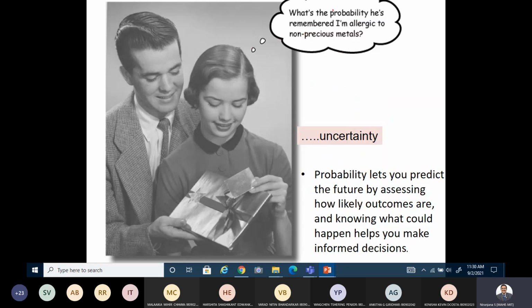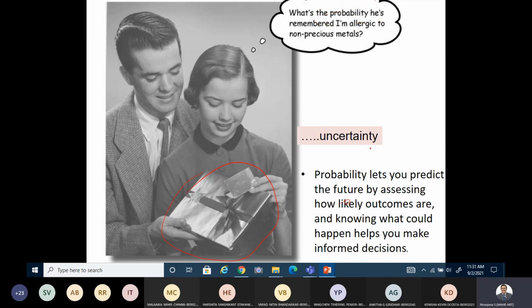Why I have put this is, you can easily understand that when there is a gift which is coming to you, right, what is inside is always a question mark. That we call uncertainty, right? So whenever there is an uncertainty, we use the term called probability.